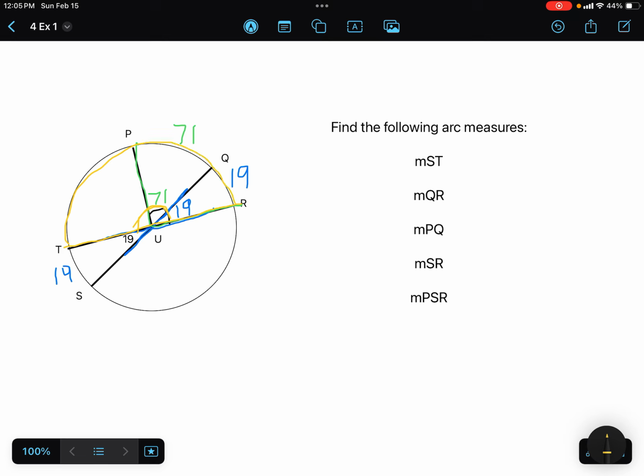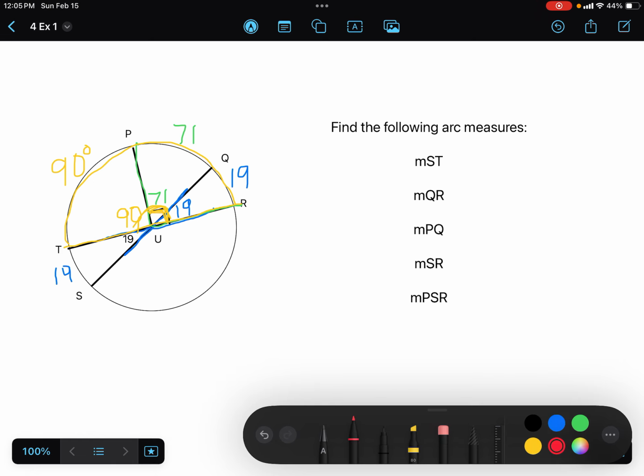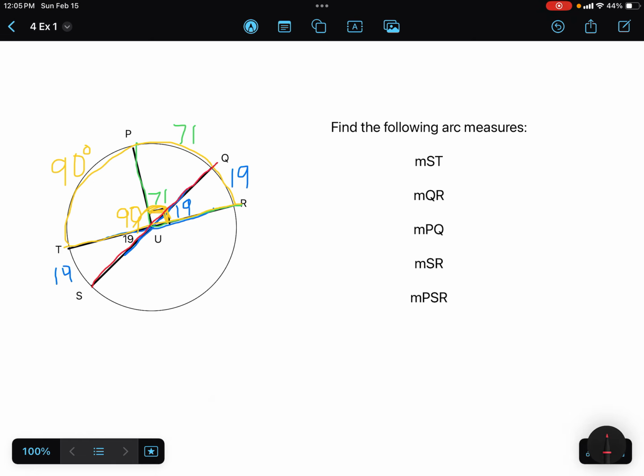And so since we used up 90 degrees here with this right angle, it stands to reason that this is also a 90-degree angle and thus a 90-degree arc. We can also finally use really either diameter, but we'll use this one, to make another semicircle. Here we've used up 19 degrees of that. So that leaves 161 degrees for angle SUR as well as for arc SR.